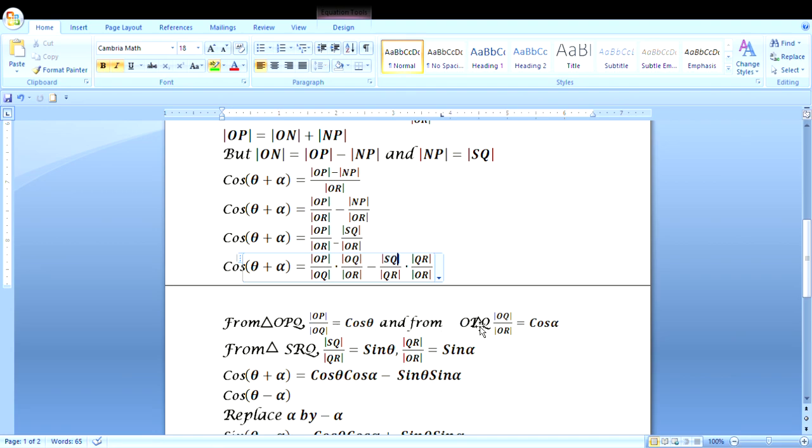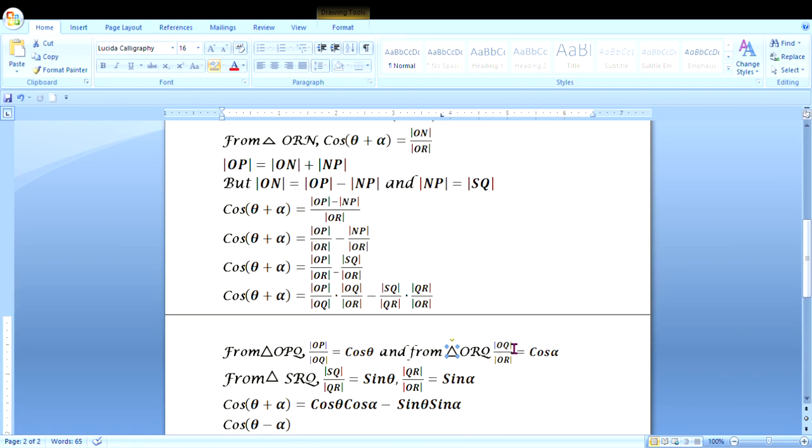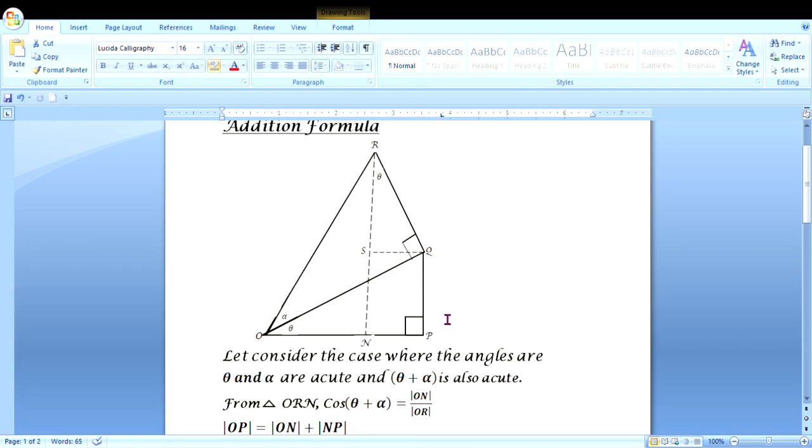And from the triangle ORQ, we are looking at the acute angle alpha.